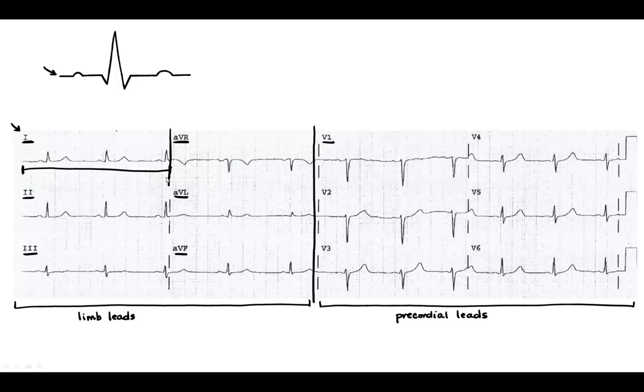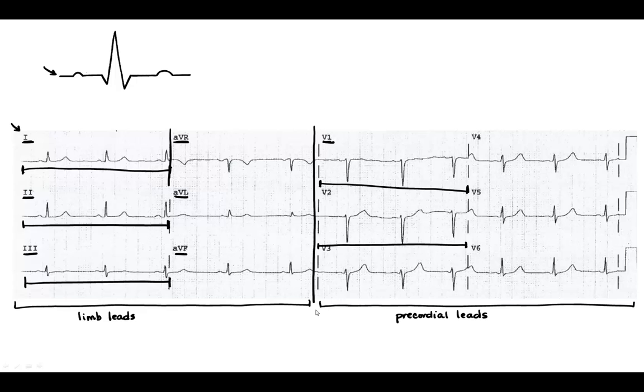And then we can do the same thing for lead 2. It goes from here all the way to here. And lead 3 goes from here to here, and so on for all of the different limb leads. And then the same thing is done for all of the precordial leads. V1 goes from here to here, V2 goes from here to here, and that's the way it goes for all of them.